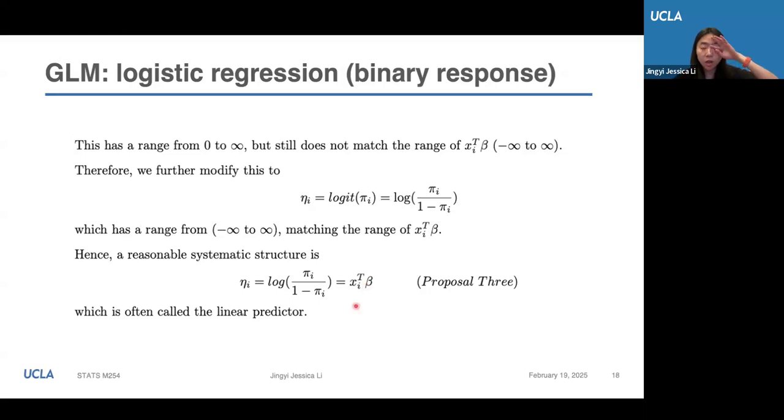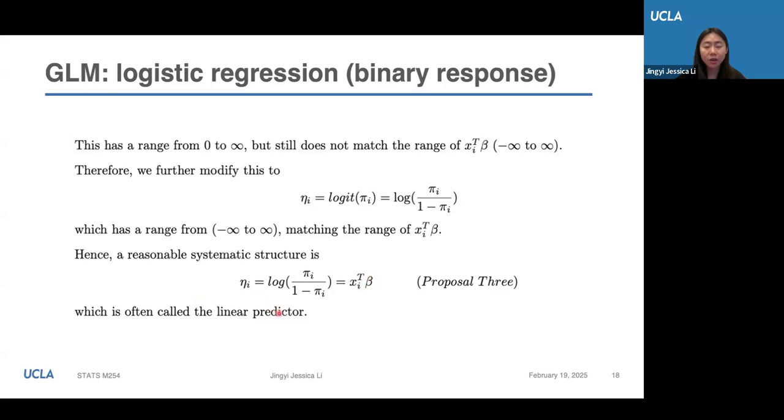But again, this is your assumed systematic structure. That is, how would your predictor or feature effect influence yi, the probability of getting a 1? Okay, and in the GLM, generalized linear model, specifically in our case, logistic regression, where yi is binary, we call this transformed mean on the left-hand side eta I, and eta I is by default defined as xi transpose beta.